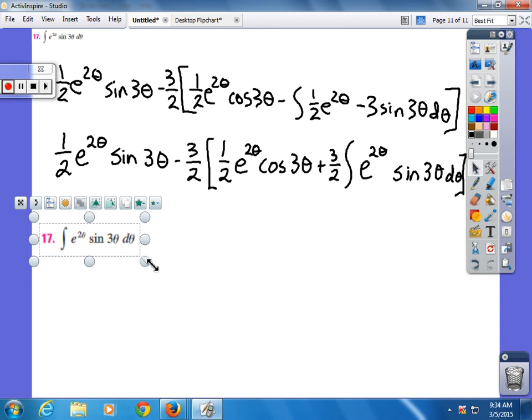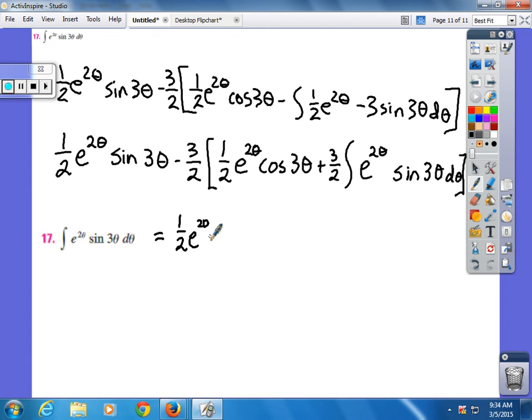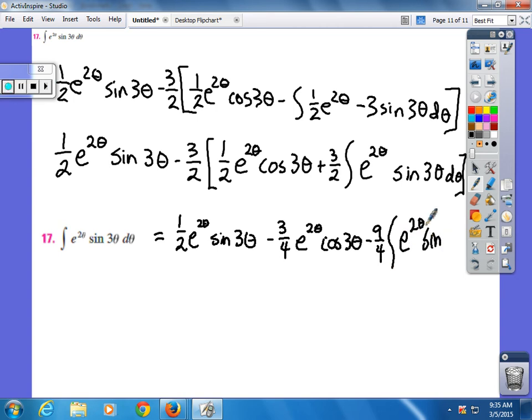So let's distribute that, and we're going to get 1/2 e to the 2 theta sine of 3 theta minus what? 3/4 e to the 2 theta cosine 3 theta minus what? 9/4 antiderivative of e to the 2 theta sine of 3 theta d theta.